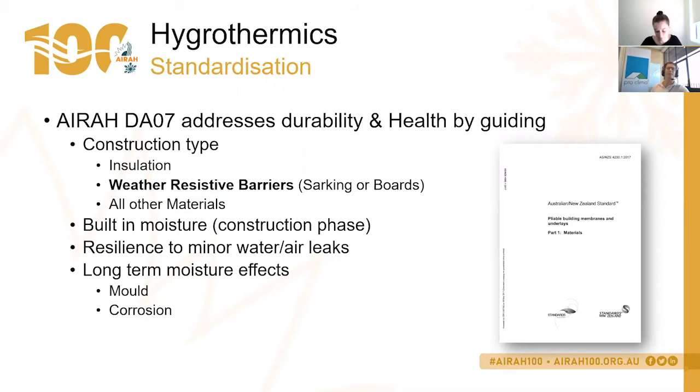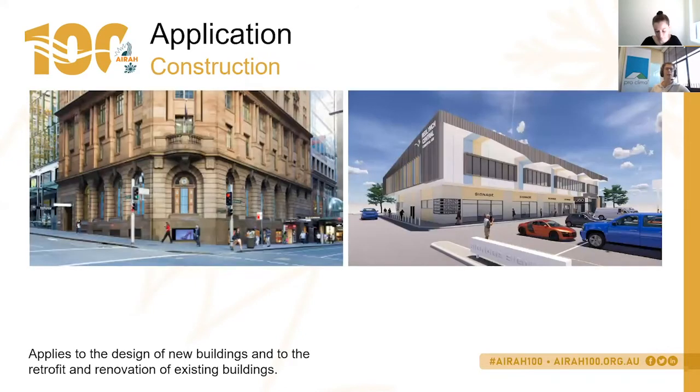And this is basically what caused the New Zealand leaky building crisis, $47 billion of damage, because water got into the structure and couldn't get out. The long-term moisture effects can be analysed with criteria in DA07, so we're looking at mould and corrosion as the two key performance outcomes there. But in terms of health in the building code, it's more about mould.